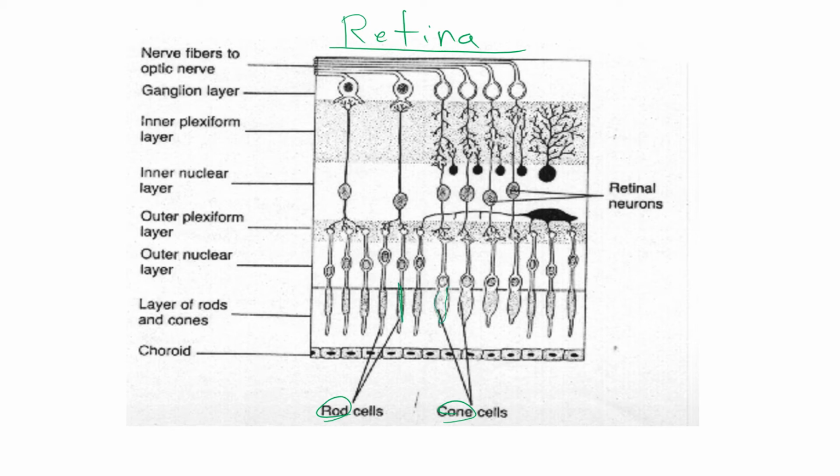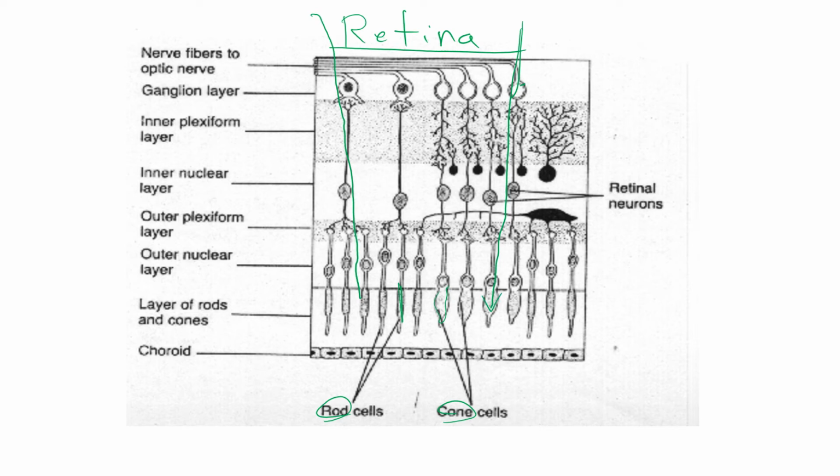The light rays come in through the eye, through the top. They go through these nerve cells up here in the top portion of it, and they stimulate the cones and the rods when they get down here.